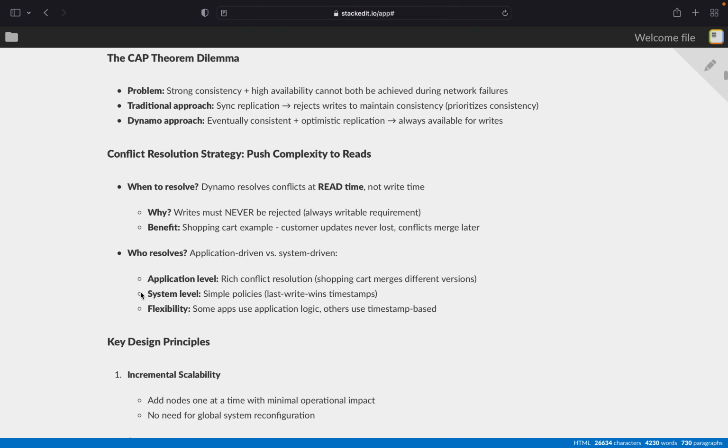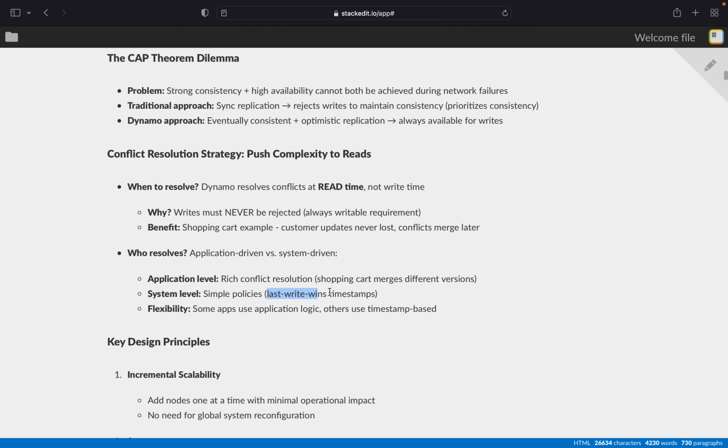First one is application level conflict resolution, where the client who is going to use Dynamo will be responsible for handling conflict. Another one was system level conflict resolution. In this case, the timestamp based write was selected, so the last write wins policy was handled.